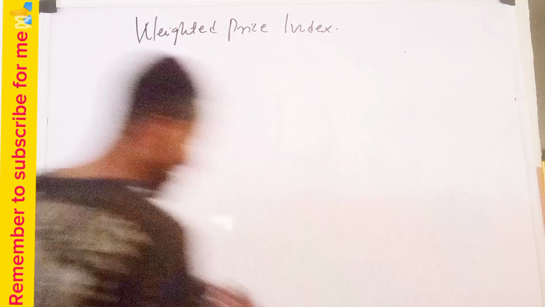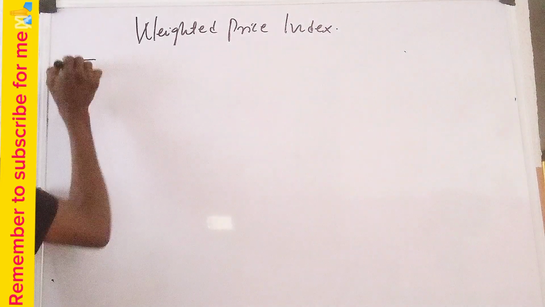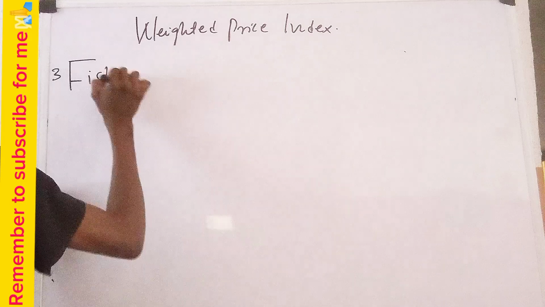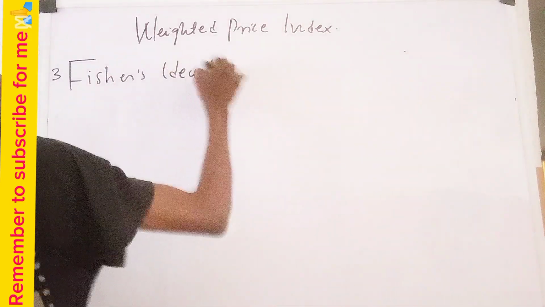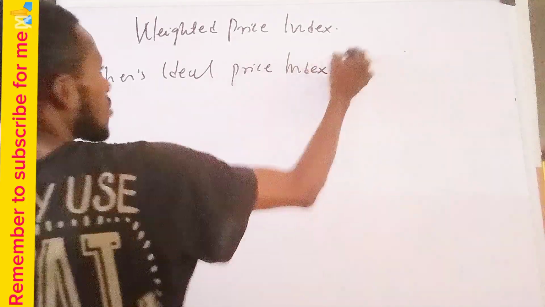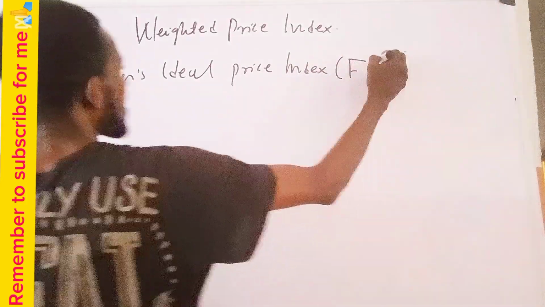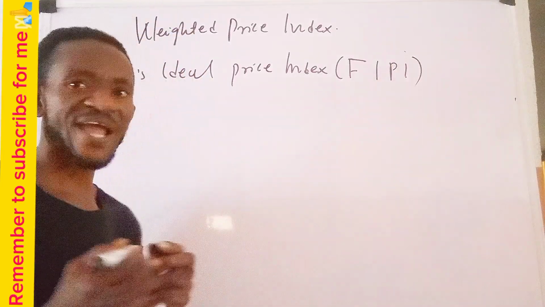So when we talk about Fisher's ideal price index, that is number 3. Fisher's ideal price index, always written as FIPI.